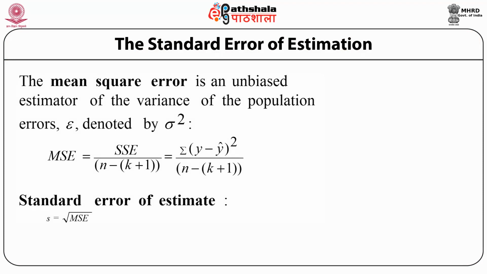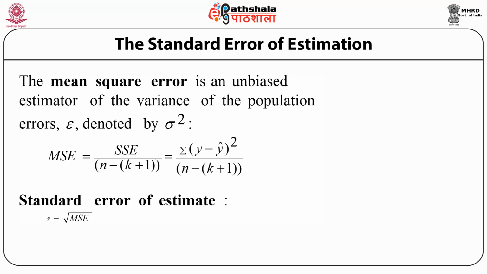Now standard error of estimation is again a very important parameter of the appropriateness of the suggested regression model. Here mean square error is an unbiased estimator of the variance of the population error that is denoted by sigma square. So mean square error is equal to the sum of square of the error divided by the degrees of freedom.